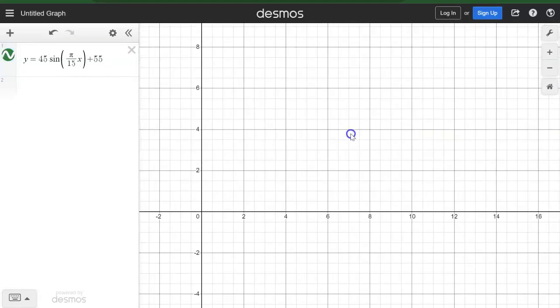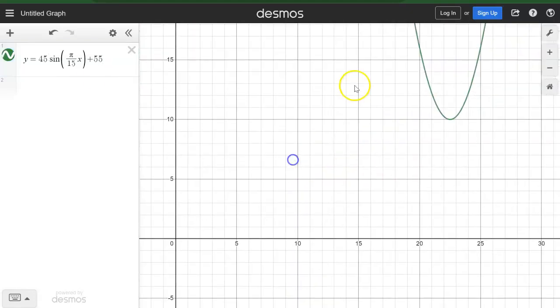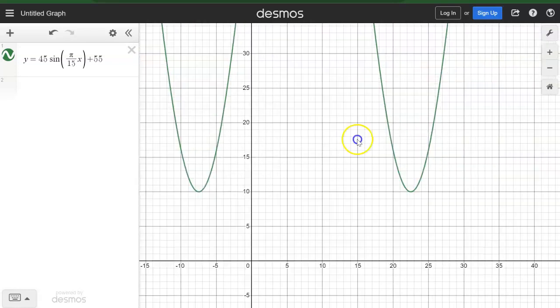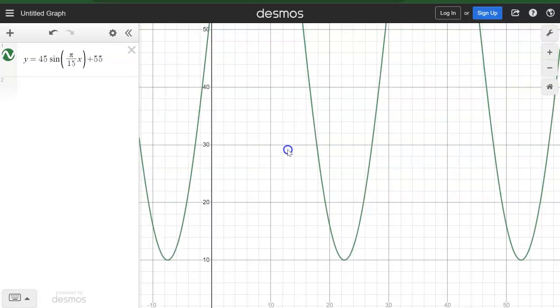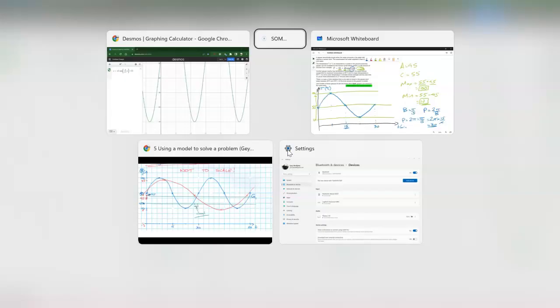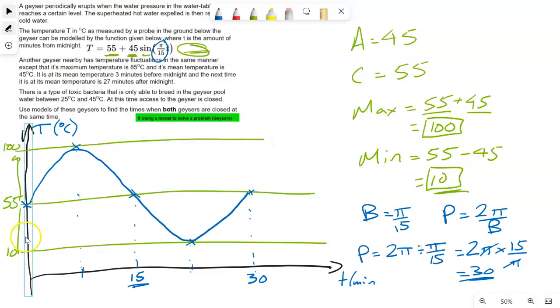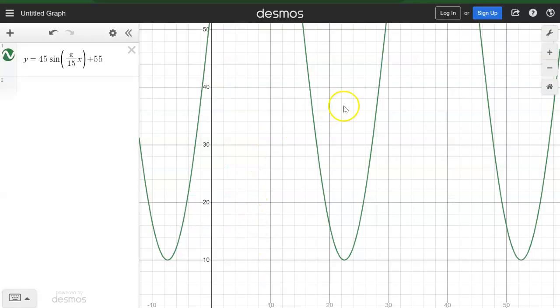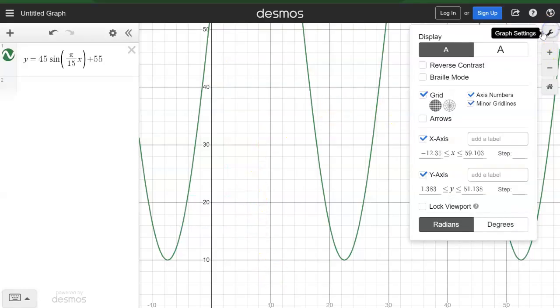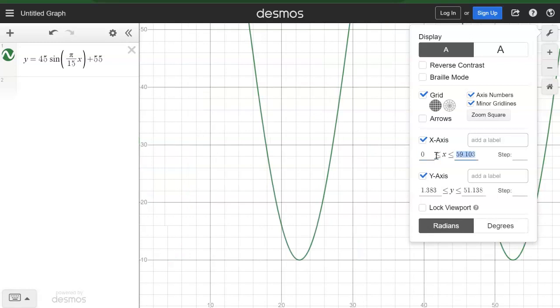You'll note that I can't see it, so I'm doing this for the benefit of people who haven't really done it that much. There it is there. But going back to here, we know it should be going from 10 to about 100, and the period is 30. So I'm going to go over here to the preferences, and I'm going to make my x go from about 0 to 30.